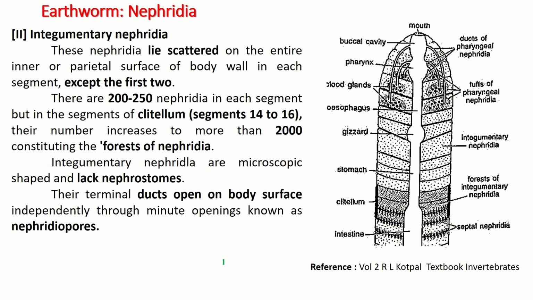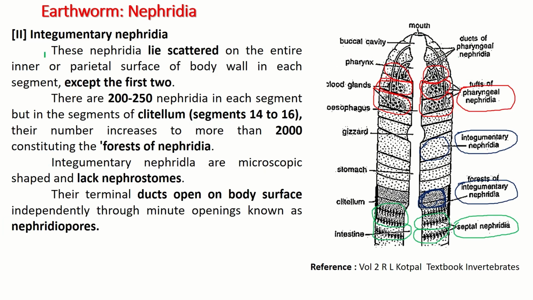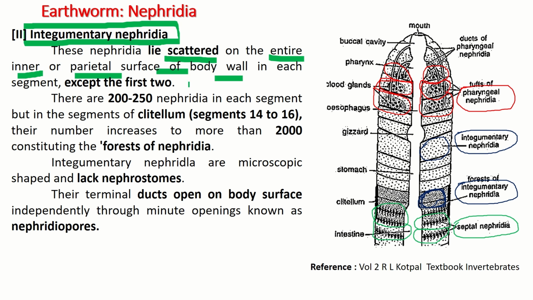Then the integumentary nephridia, the second type of nephridia in earthworm. These nephridia are scattered on the entire inner surface of the body wall in each segment except the first two.